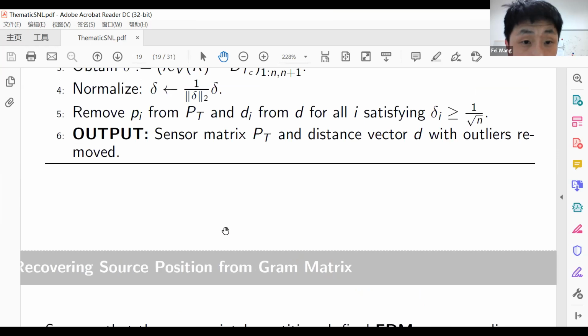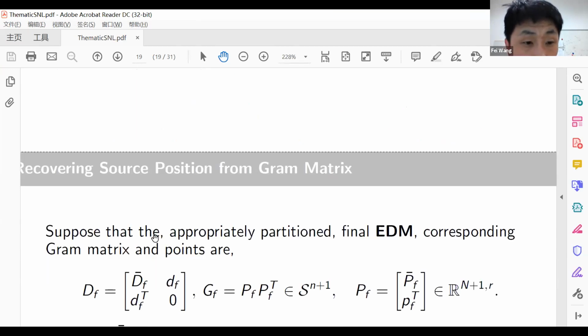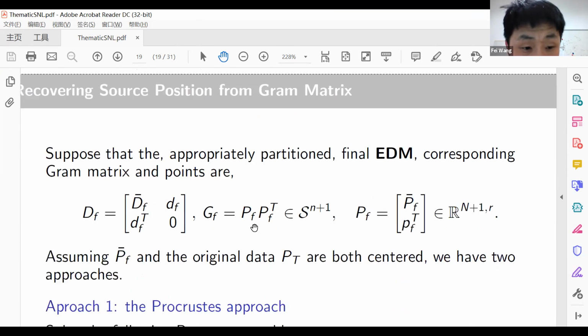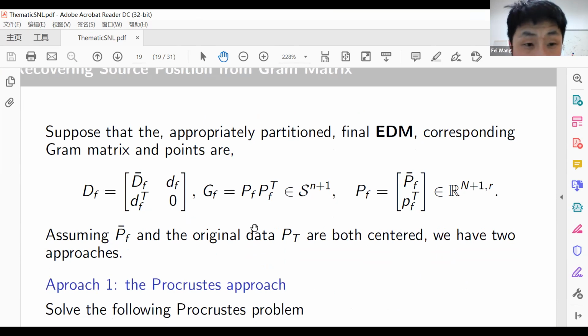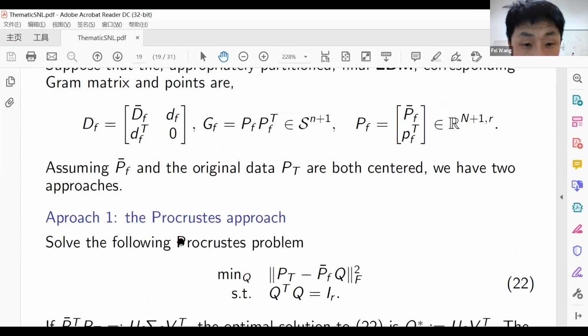So after outliers are removed, how do we recover the source location from the Gram matrix? We have two approaches. Approach 1 is the Procrustes approach.